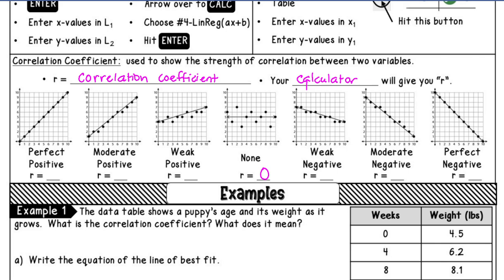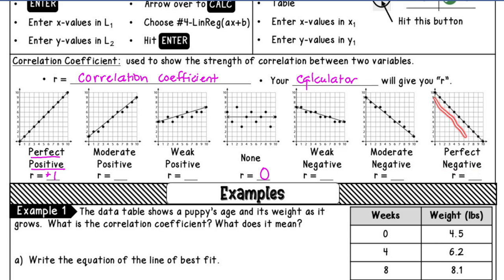Now, if it is a perfect correlation coefficient, you have two options. You can have a perfect positive situation where your number is a positive 1. This is where the numbers go up together and it's in a perfect line. Everything's just perfect. But take into account, you do have negative relationships, even though we tend to think of negative as meaning something bad.